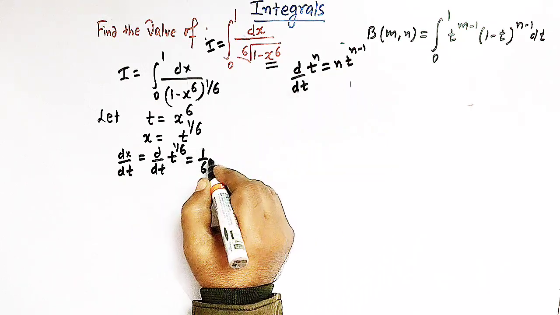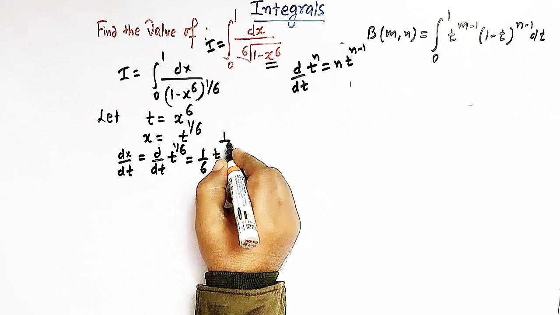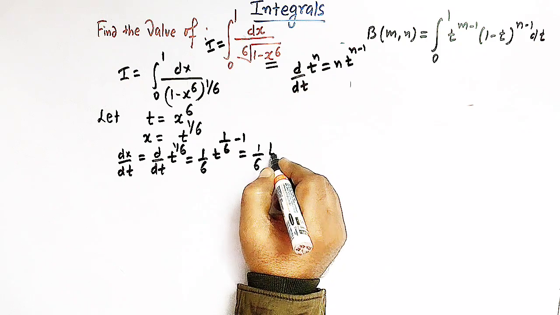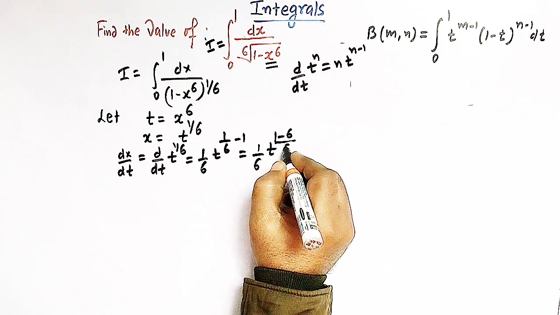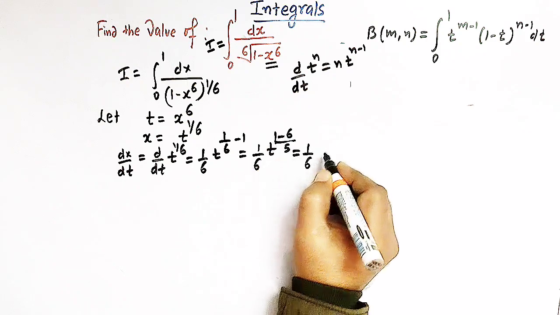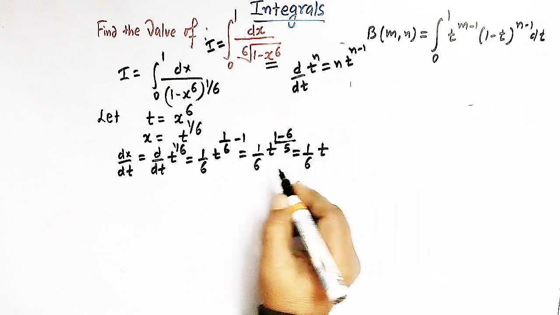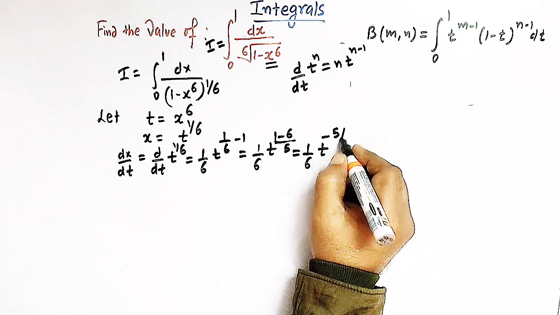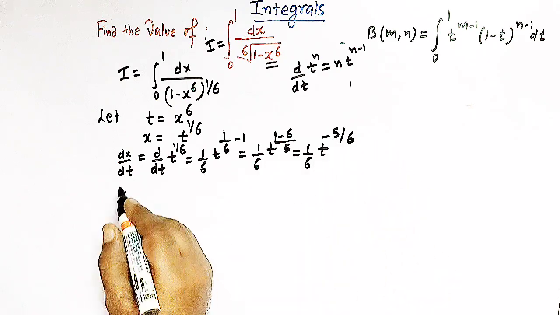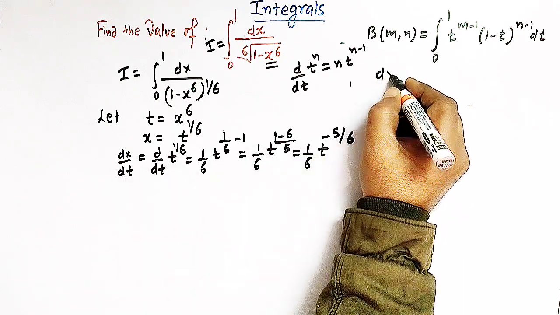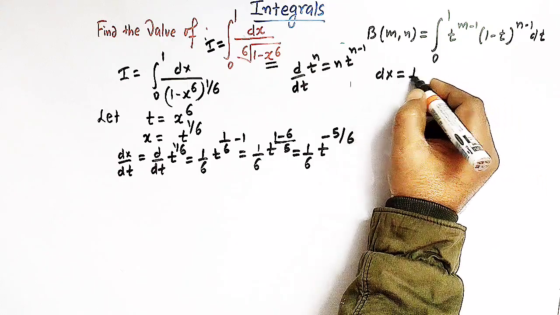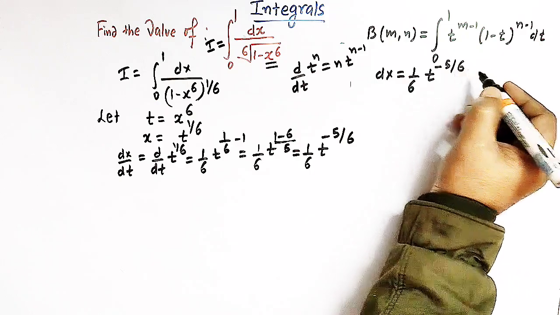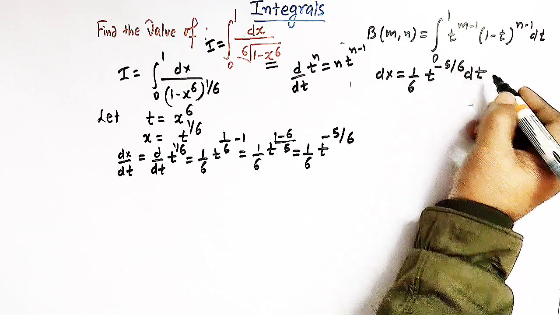So we have 1 over 6 times t raised to 1 over 6 minus 1, that is 1 over 6 times t raised to minus 5 over 6. So now we can write dx is equal to 1 over 6 times t raised to minus 5 over 6 dt.